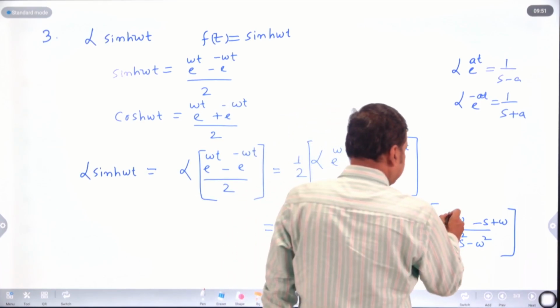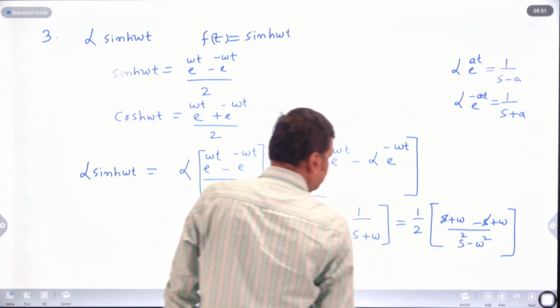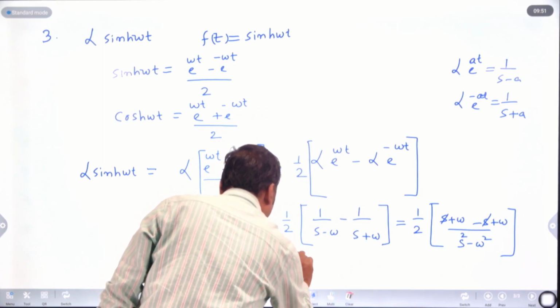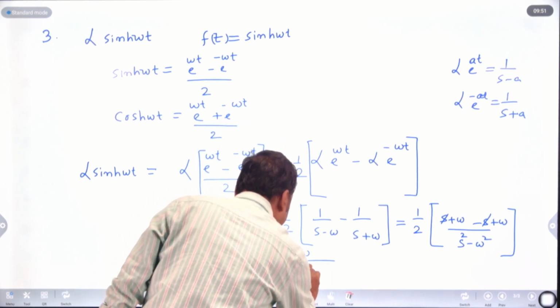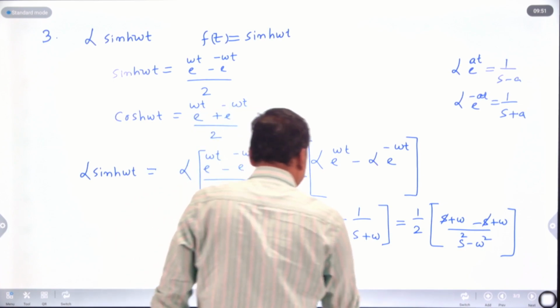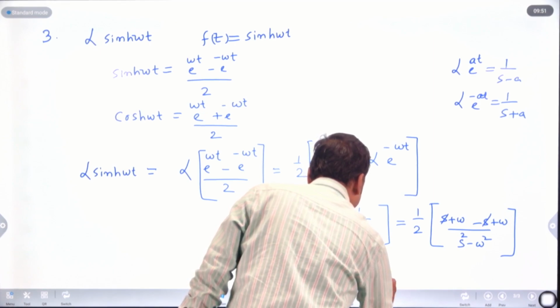And here minus s plus s will cancel out, and that is your omega plus omega, 2 omega. That is your 1 by 2 into 2 omega divided by s square minus omega square, and 2 will cancel out, that is your omega divided by s square minus omega square.